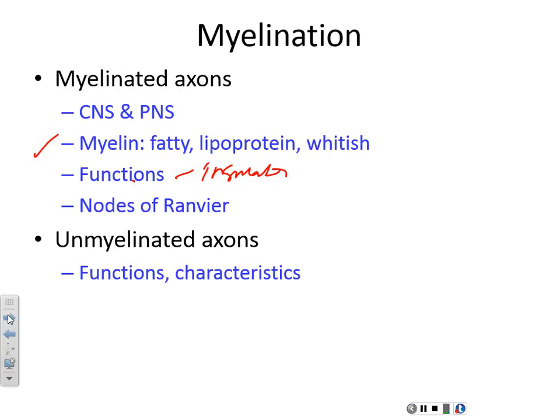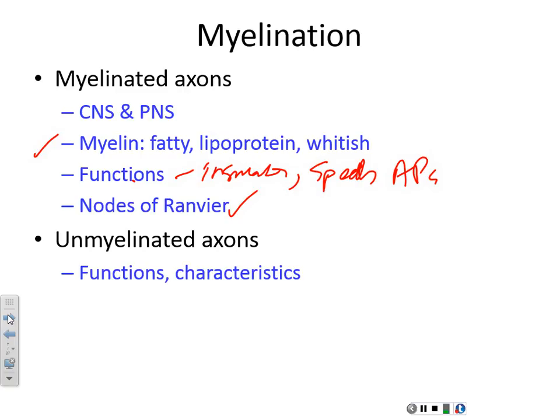And what else does the myelin sheath do? It speeds up the conduction of the action potential, okay? Why? Because the action potential is only going to be conducted in the spaces between the myelin sheath, which we call nodes of Ranvier, right? So it speeds up the AP, the action potential.